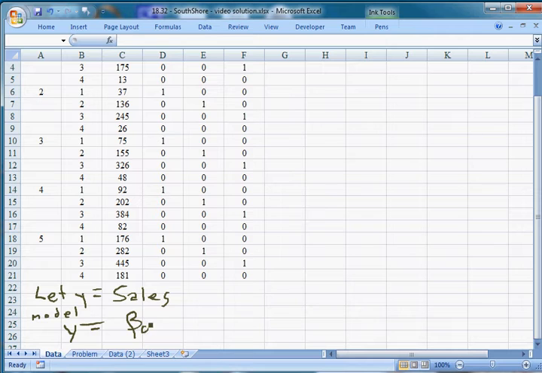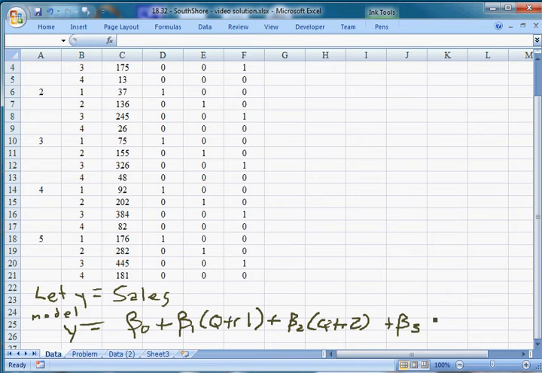We're saying that sales depends on some intercept plus beta 1 times QTR1. And remember, QTR1 is only 1 if it's the first quarter. So beta 1 is going to be like a quarter 1 bonus or penalty, depending on whether it's positive or negative. Plus beta 2 times QTR2 plus beta 3 times QTR3 plus some random error. Right, that's what that is.